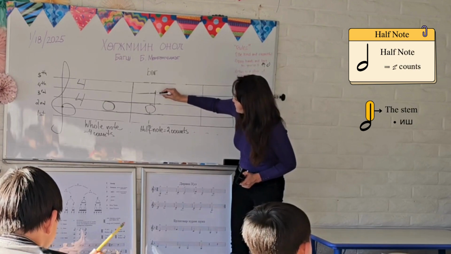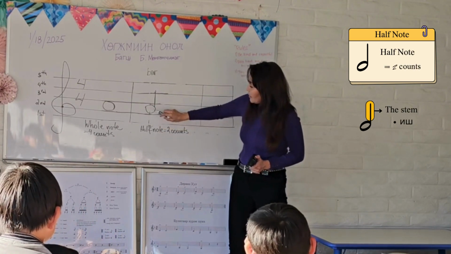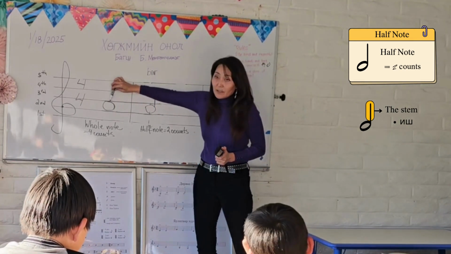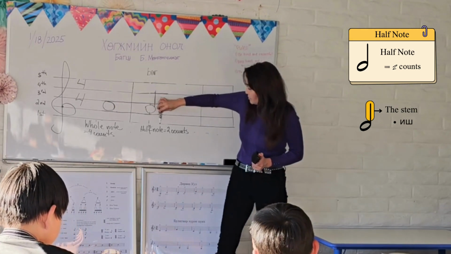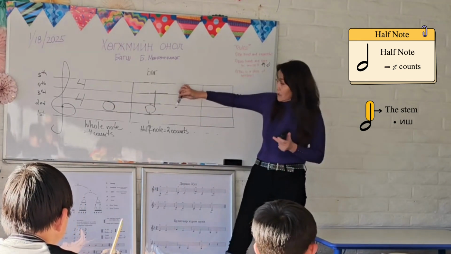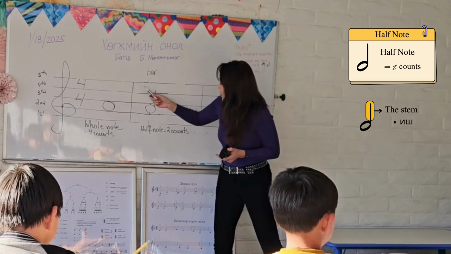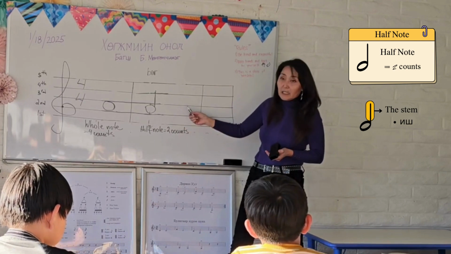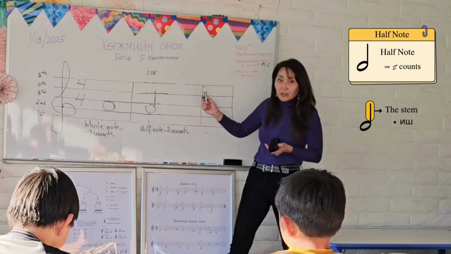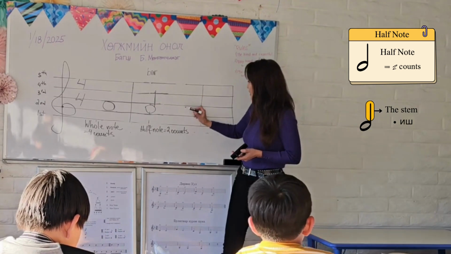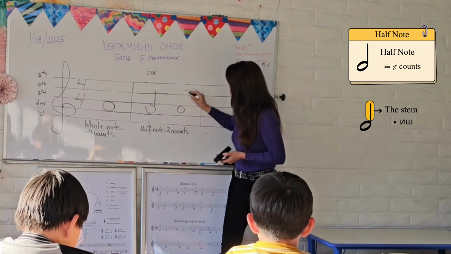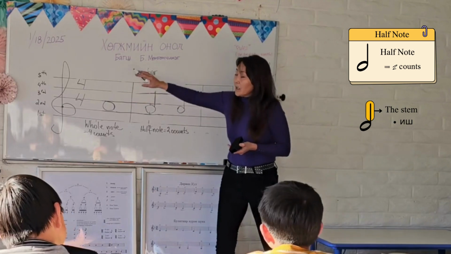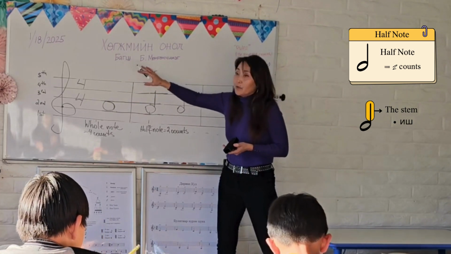When you add this, we call it a half note, which means half of 4, equals what? 2, right? So 2 counts. In order to make 4 counts in one bar, how many half notes do I need here? 2. So we're adding one more, right? And every bar needs to equal 4.